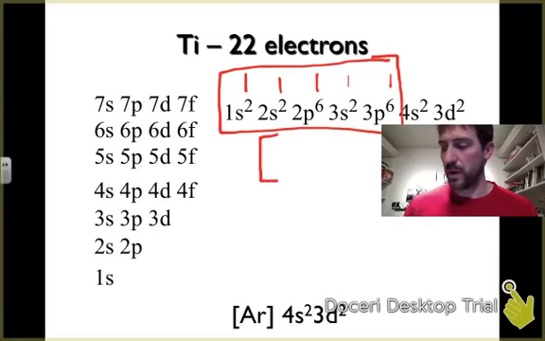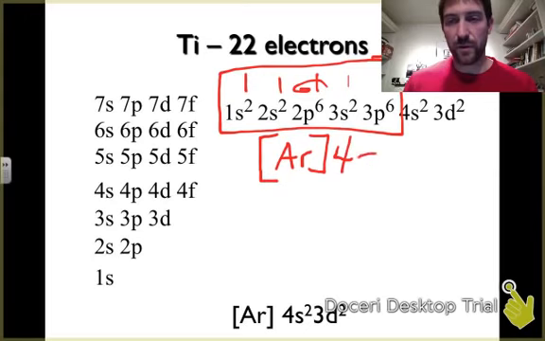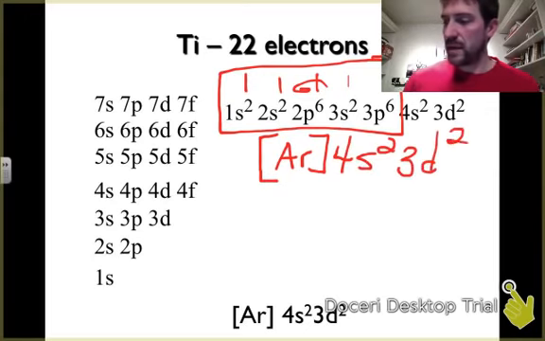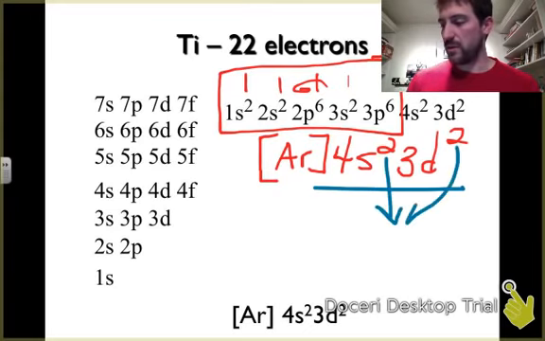All we have to do is put some brackets, write Ar for argon, because this is the electron configuration for argon, and then put whatever is left over. And really what it means is these things that are left over are unfilled energy levels, and that's going to be important for figuring out valence electrons. But you can do this with any of them to figure out the noble gas configuration, and in the next section we'll figure out we've got these two electrons that are all by themselves.